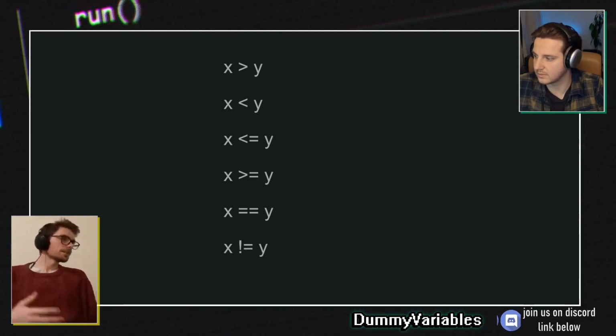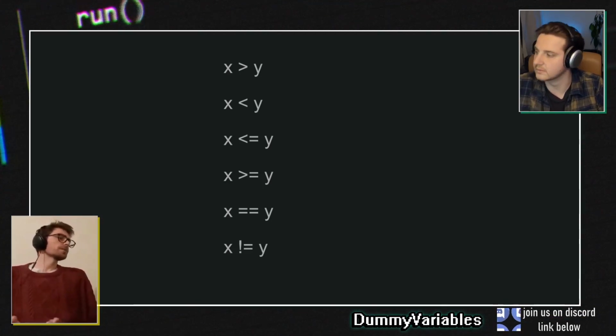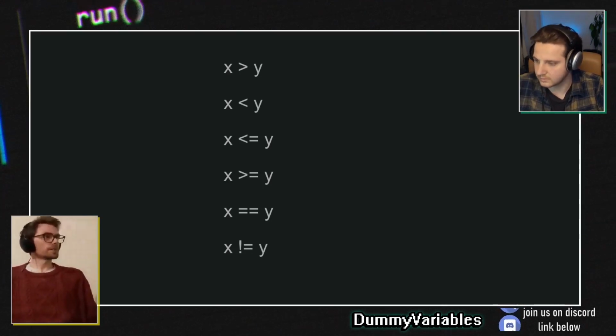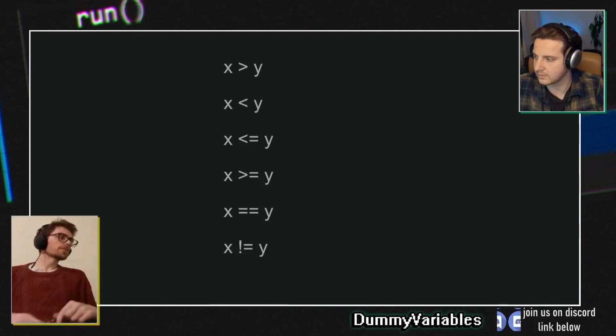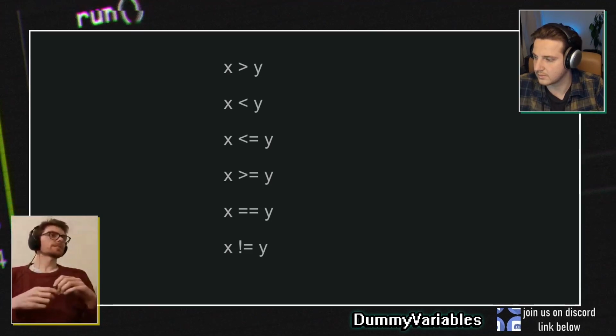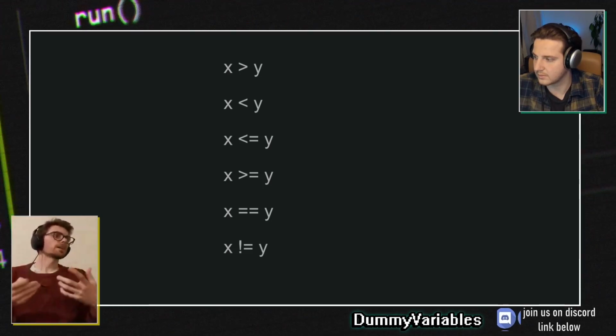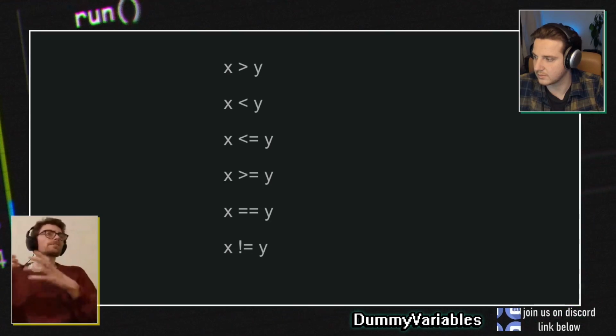Now he's going on to describe the conditions we have here. So x greater than or x smaller than y, we had that already last episode, so this should be known. If not, check out the last episode. The two statements below that are smaller or equal than and bigger or equal than conditions. So you probably know them from maths.